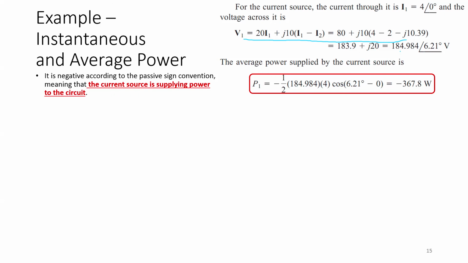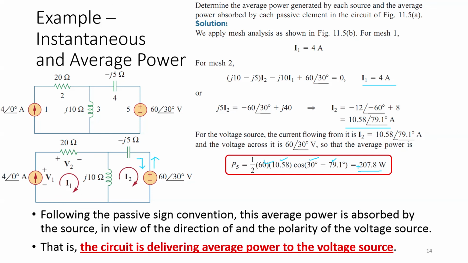So the voltage across it is 184.98 angle 6.21, and using a similar formula we can see that there is a negative sign here, and we are using the negative sign because the polarity considered by us is opposite to the flow of the I1 current.